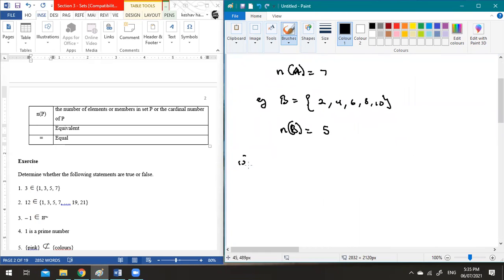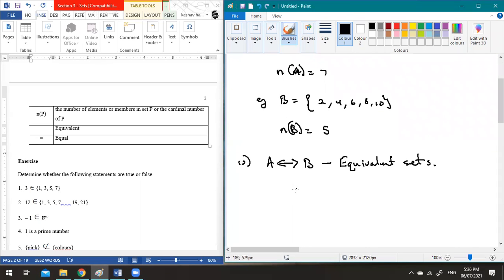Number 10, equivalent sets. So A equivalent to B. Now this sign, the arrow pointing in both directions, means equivalent sets. Now this is not to be confused with equal sets.